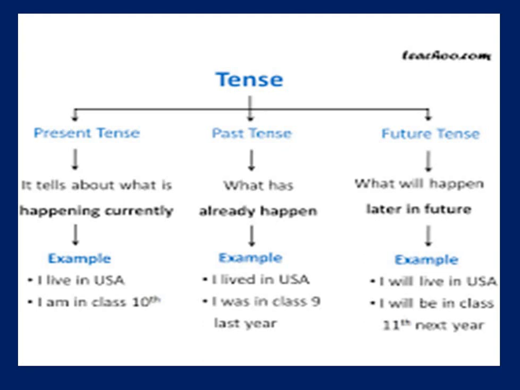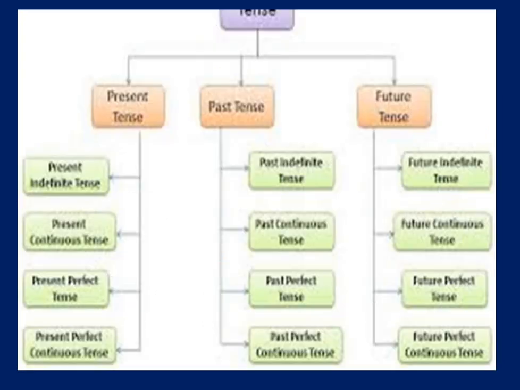Example, I lived in USA, I was in class 9th last year. Now we move to future tense: what will happen later in future? So example, I will live in USA, I will be in class 11th next week. So these are little examples to make you understand.